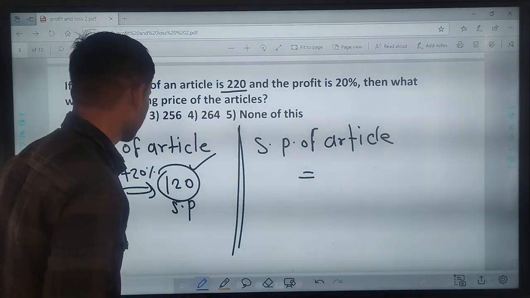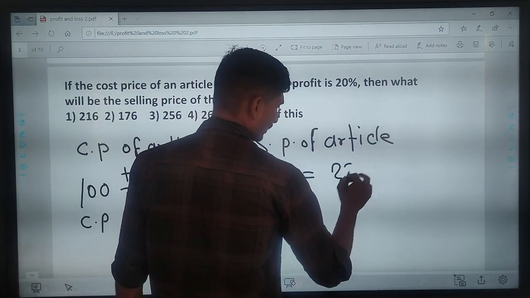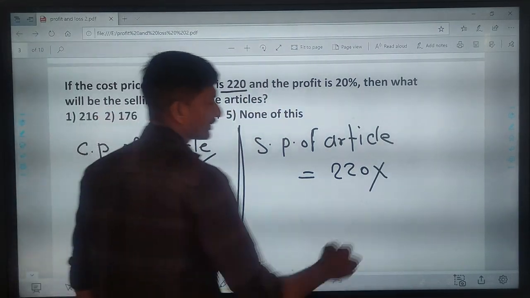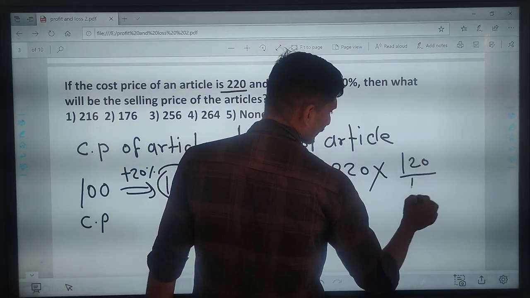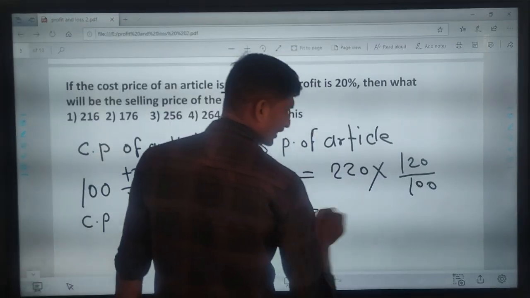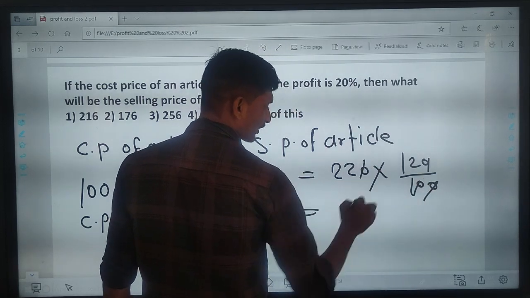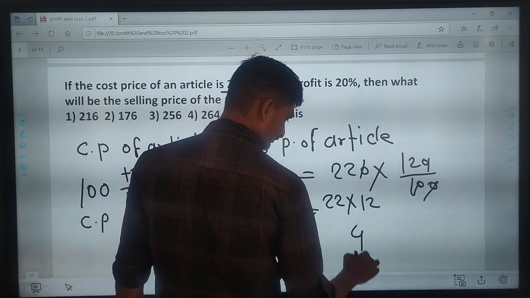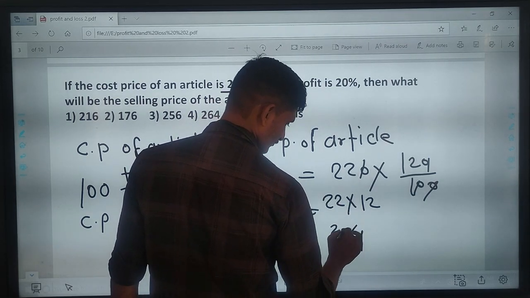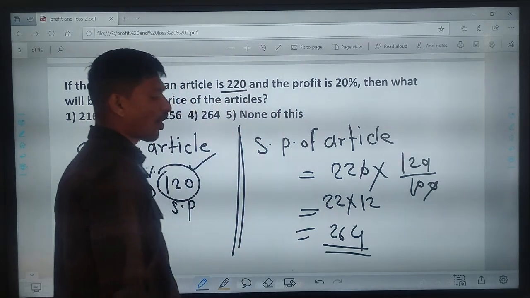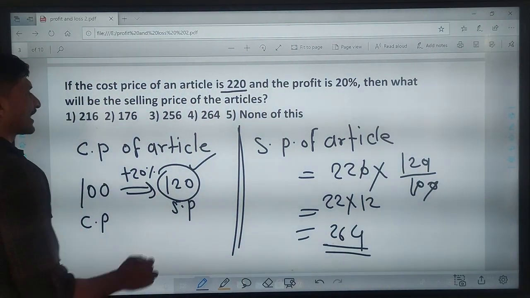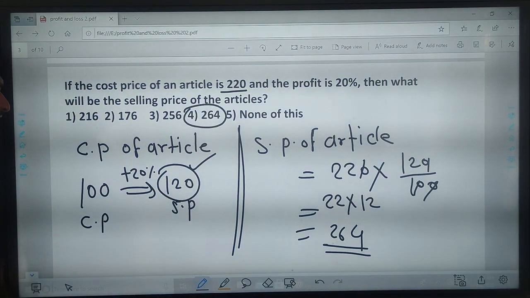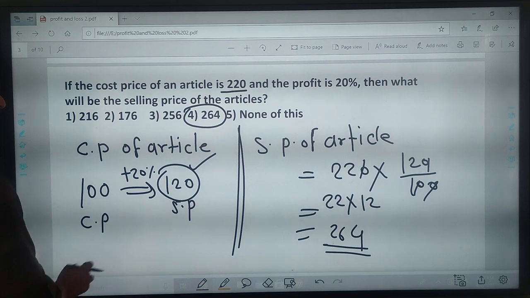Selling price of article is equal to 220 into 120 in the numerator and 100 in the denominator. Here the zeros get cancelled. 22 into 12, that is 264. Your selling price of the article is 264.